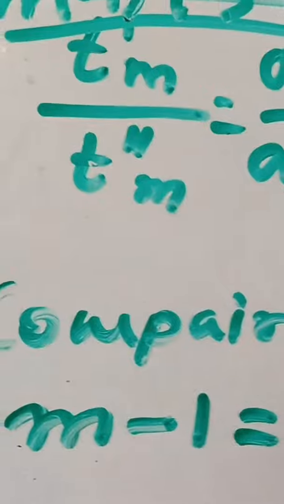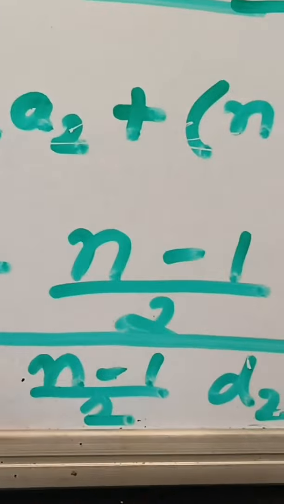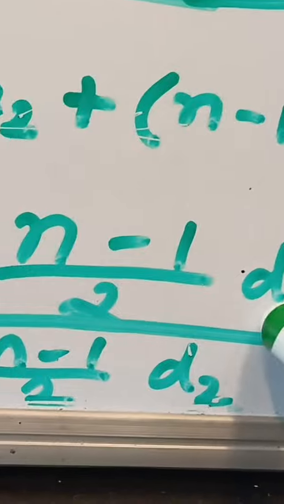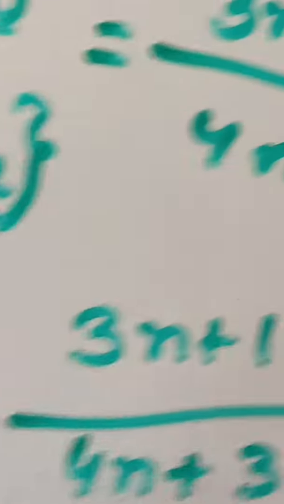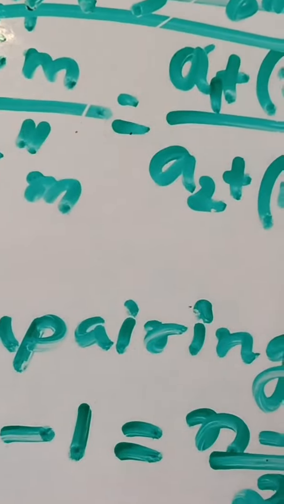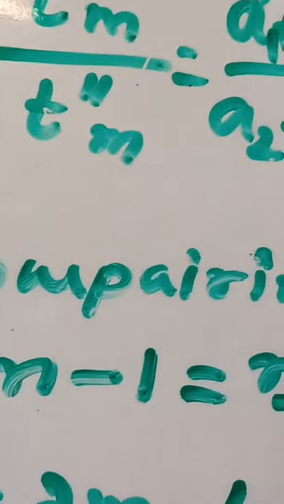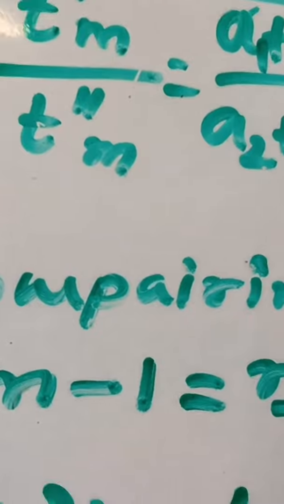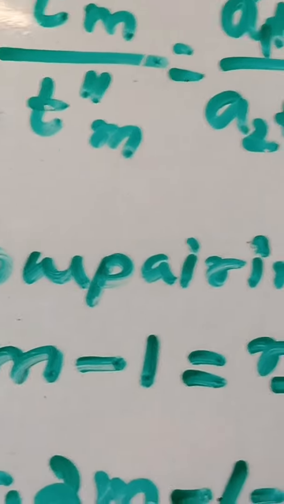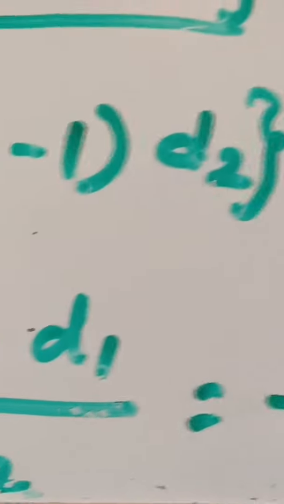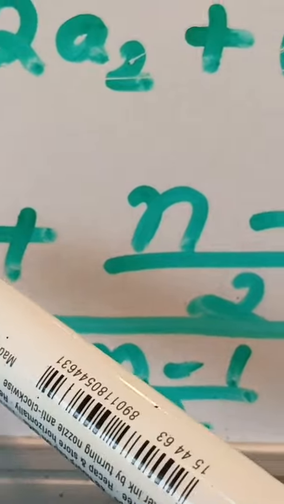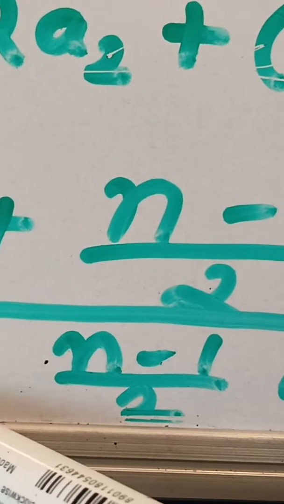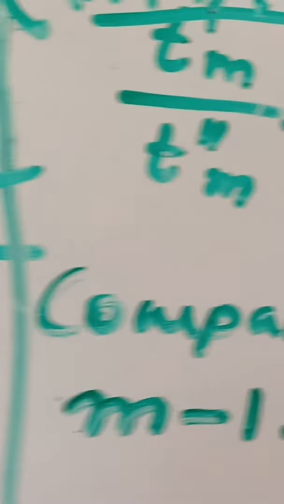If I compare this with the sum expression, I can change the sum to the ratio of the terms by comparing both: n minus 1 by 2 equals m minus 1, because the other terms are a1 and a2 respectively.